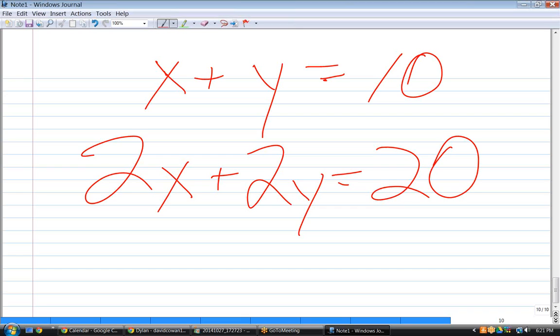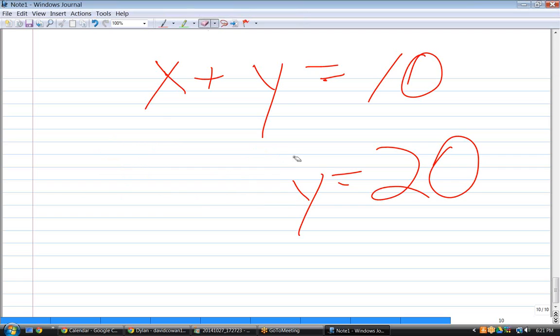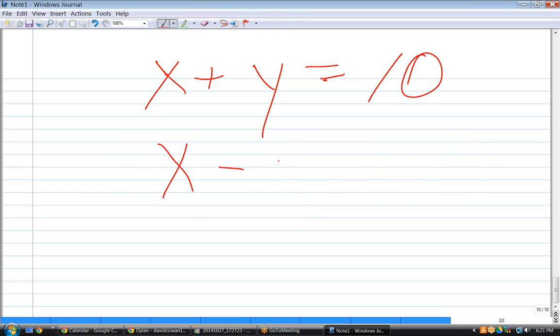So it's not just any 2 equations that will produce a unique solution. They have to be 2 independent equations. And if I gave you this equation, now the second one is not a multiple of the first. It's completely different, and there is a unique solution here.